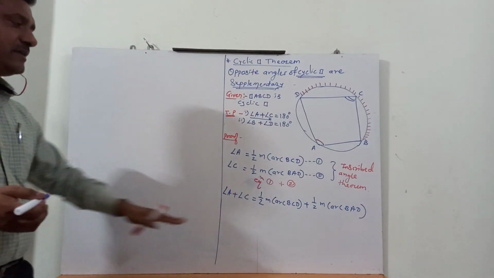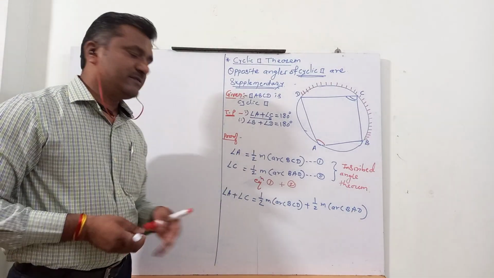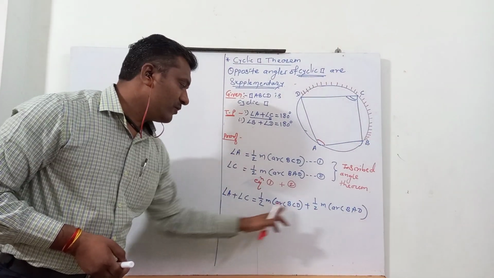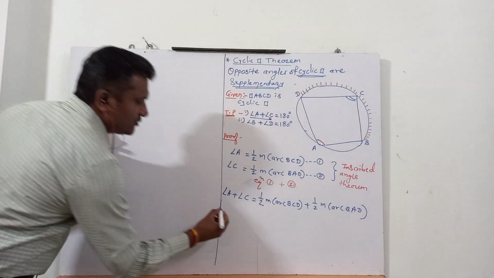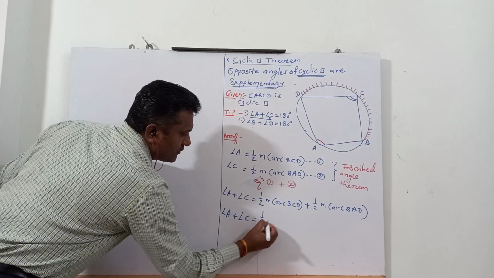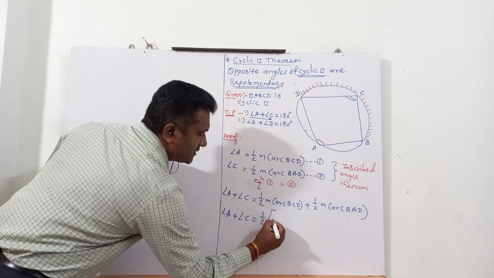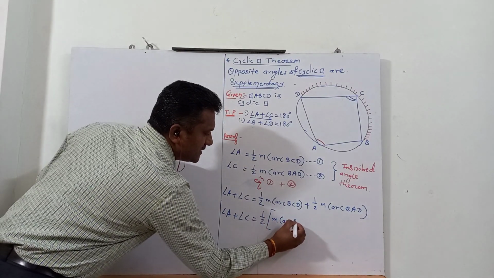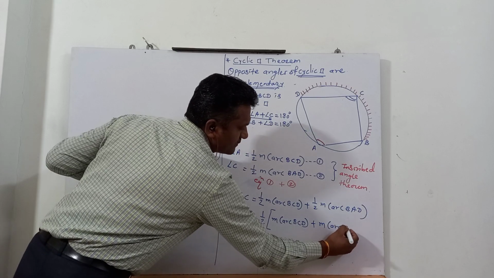Absolutely clear? Any doubt? What I did is only add these two equations. Now what can I take common from these two? Half can be taken common. So what should I write here now? Angle A plus angle C is equal to half. What will be left in the bracket now? Measure of arc BCD plus measure of arc BAD.